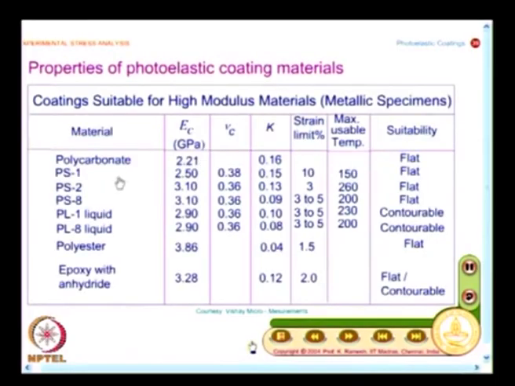So, I can comfortably use photoelastic coating, and from this table you write only two materials, one is polycarbonate, another is PS1.